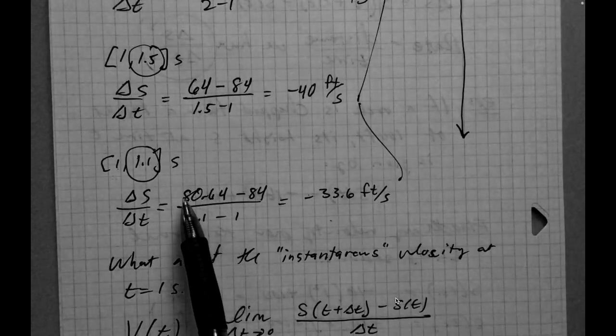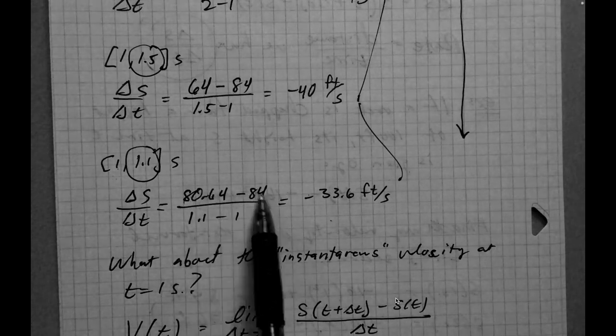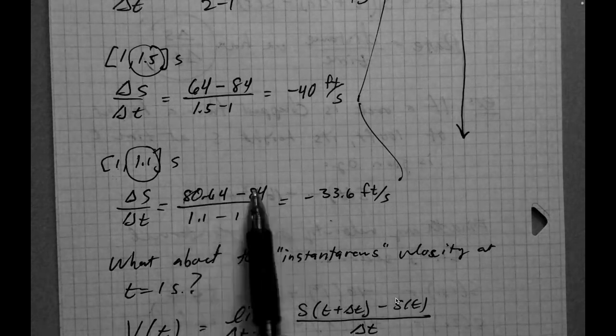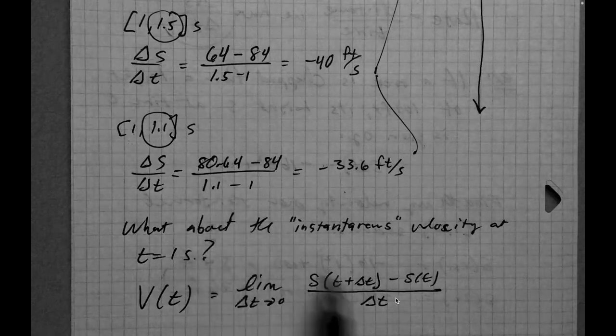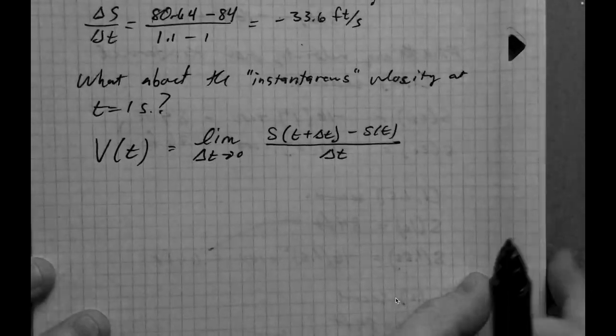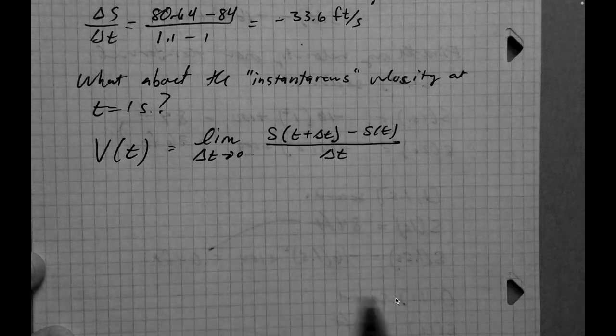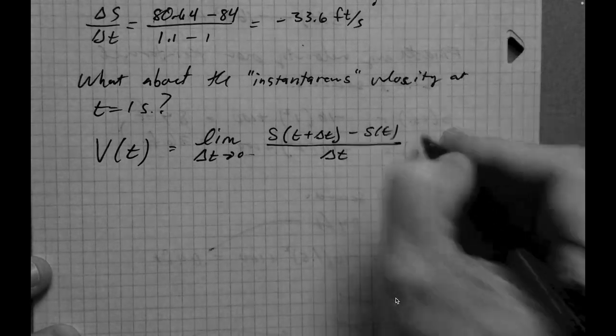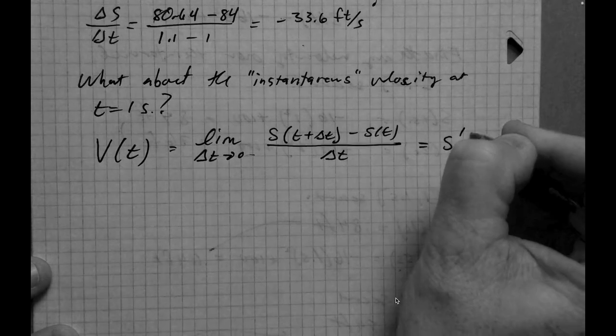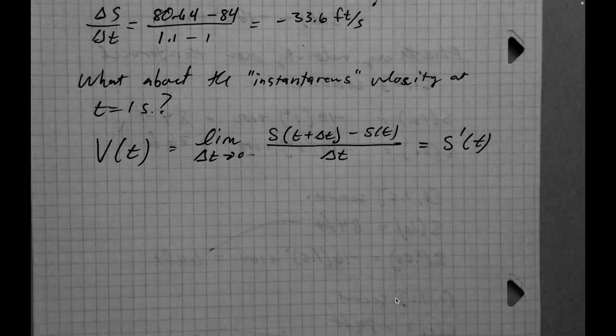We're taking our s of t plus delta t minus our s of t, and dividing it down by delta t. That's what we're doing in this limit. The difference is we do this more symbolically, and we'll see how this shakes out. So this is obviously a derivative function. This is the definition. And so the derivative of the position function gives you the velocity function.